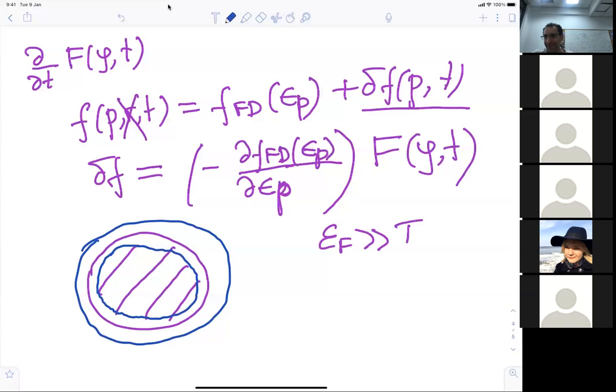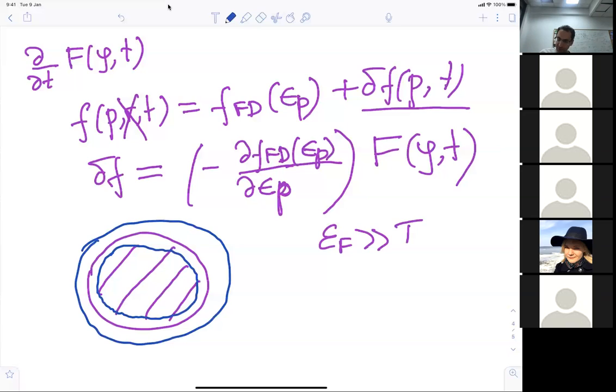I guess it's not clear. So that's why we are looking for the angle dependent correction to the distribution function. Only the angle dependent part of the distribution function will give rise to a finite current, and therefore angle dependence is absolutely crucial here.